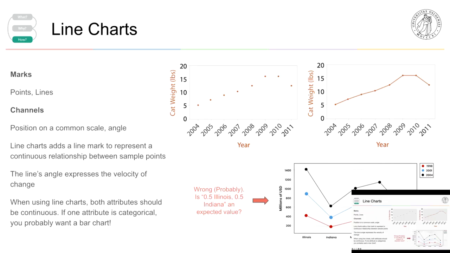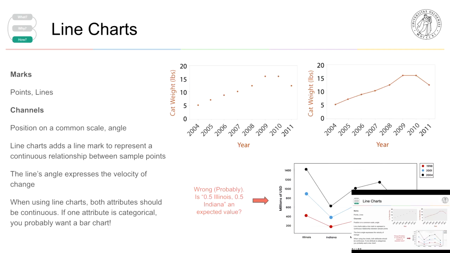I found this example on Google where they have these categorical attributes, state names, and one continuous, quantitative attribute, which is millions of dollars in income per state. Here they have marked the income for each state, but they have drawn a line between each state as well.